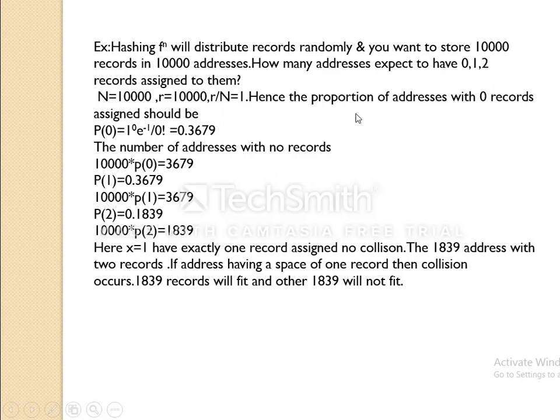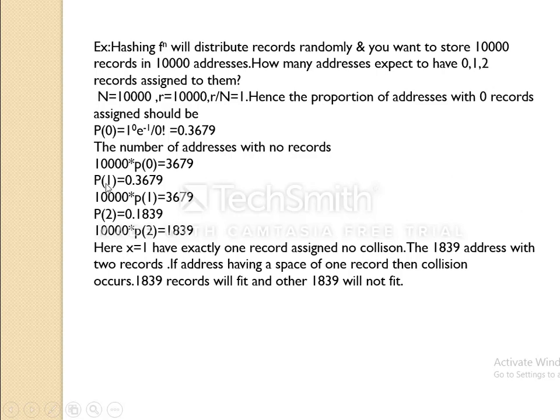Hence the proportion of addresses with 0 records assigned, that is the probability of 0 records, putting the values into the given formula, is equal to 0.3679. So the number of addresses with no records is equal to capital N into P of 0, which is 3679.